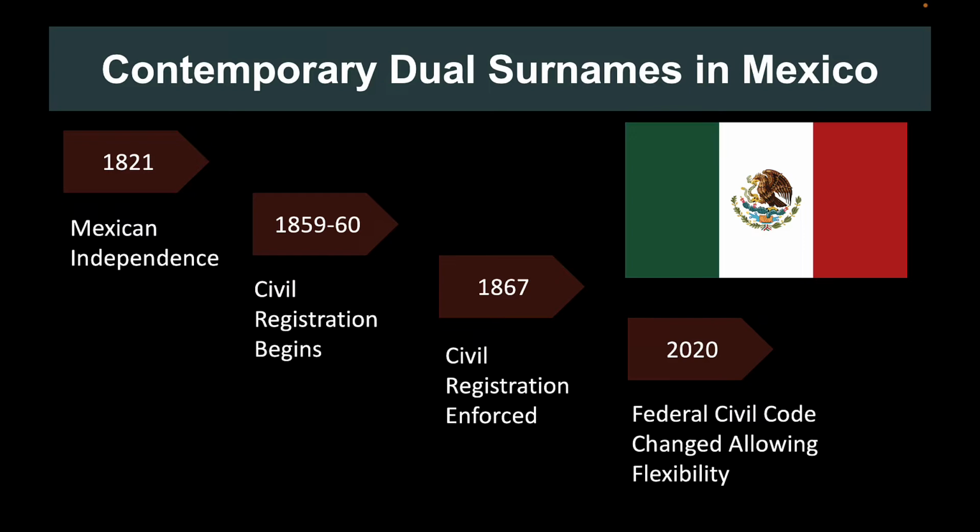And while you will see in a minute why we genealogists should be so excited about the implications of this new dual surname convention on our genealogical research, unfortunately, future generations of genealogists will struggle more with their research because just recently in 2020, Mexico's government changed its federal civil code, allowing more flexibility for the parents to choose which family surnames to pass on to their child and in which order.